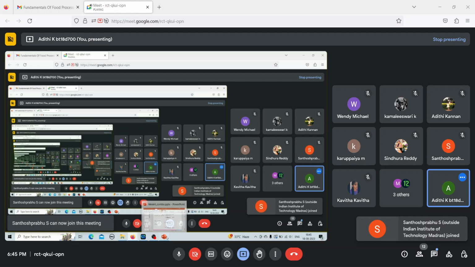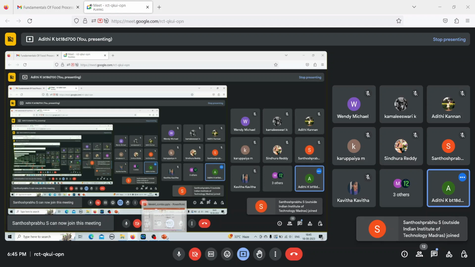So the total resistance here, if I consider Q is equal to delta T divided by 1 by U, then the total resistance is 1 by U. So basically 1 by U is equal to 1 by HO, that is the heat transfer coefficient at the outside film, plus X by K, which is the resistance due to conduction, plus the resistance due to inner film, which is 1 by HI.